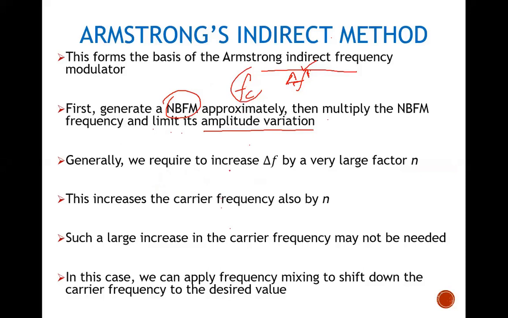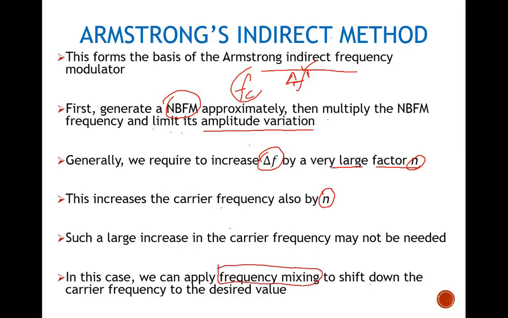Generally what we require is to increase delta F by a very large factor, let's say n. This increases the carrier frequency by n as well, and such a large increase in carrier frequency may not be needed. So in this case, we have to use another type of component, called the frequency mixer, as we have studied before.